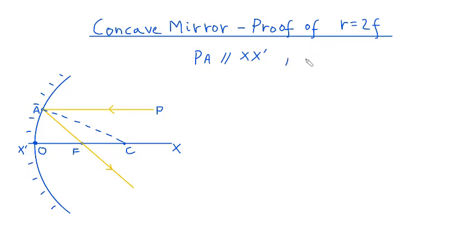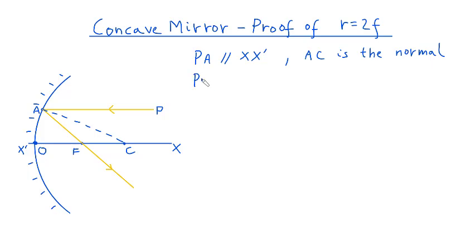AC is the normal. Okay, so with that we're ready to start our proof.